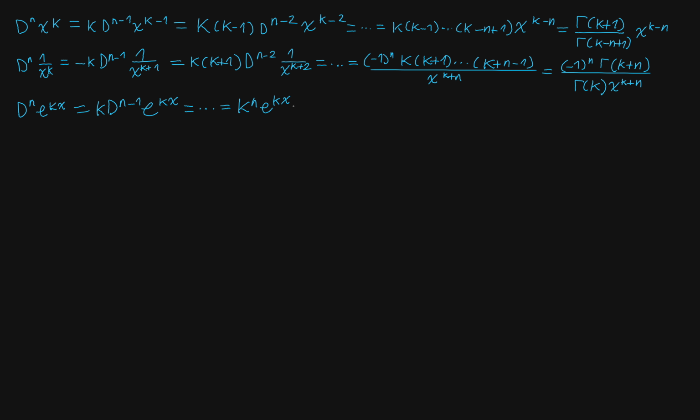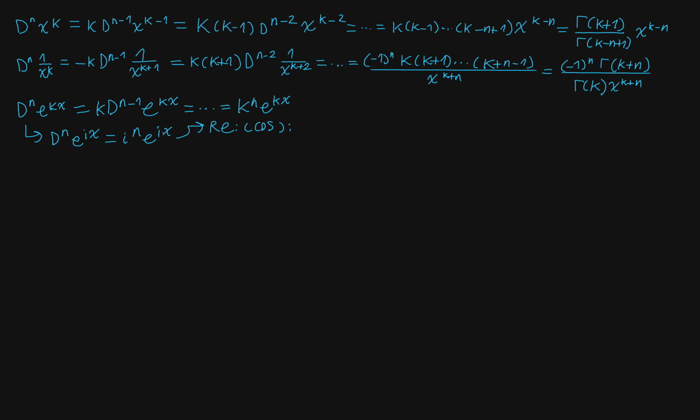Now, we can also look at the complex exponential, and we can use this to get the nth derivatives of the trigonometric functions. Specifically, the nth derivative of e to the ix is going to be i to the n times e to the ix. And so then the real part, which gives us cosine, is just going to be the real part.